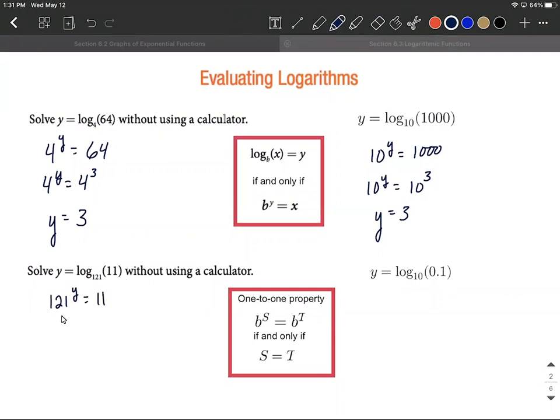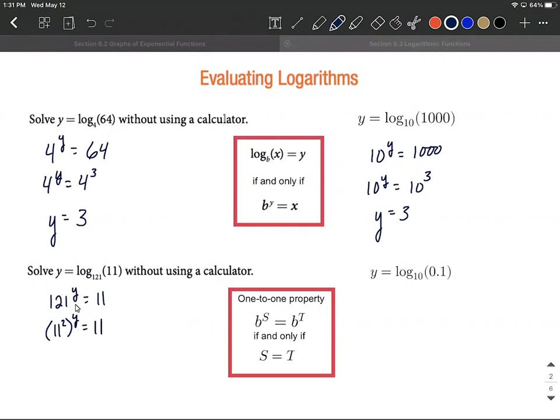Now, comparing these two bases, I would probably go with the smaller positive integer base. So let's aim to get both of these rewritten as 11 to a power. We already have 11 to a power on the right-hand side. On the left-hand side, we can replace the 121. That works out to be 11 times 11, or 11 squared, which is equivalent to 121.